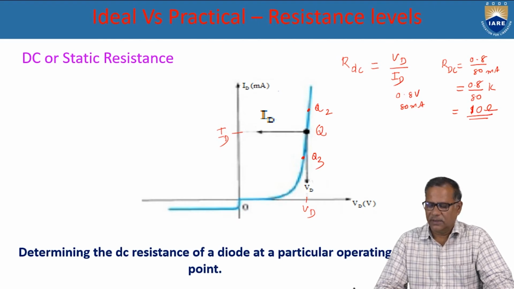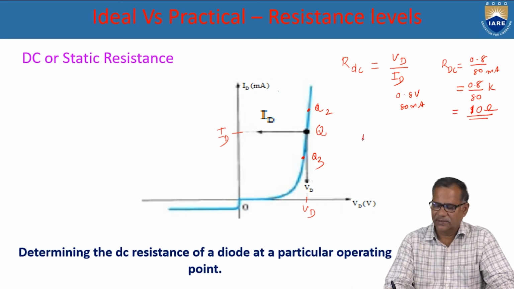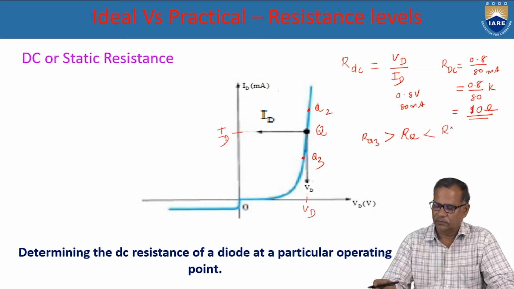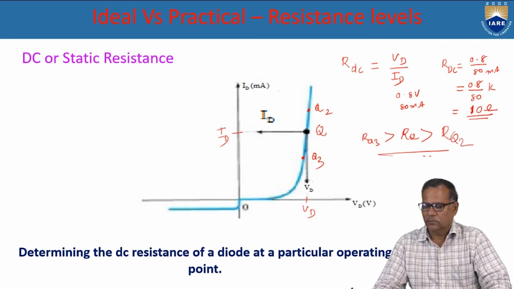So in this case, at point Q3, we are going to have more DC resistance. So we can say that the resistance at RQ3 is greater than RQ, and resistance at RQ is greater than RQ2. Okay, so this is nothing but the DC or static resistance.